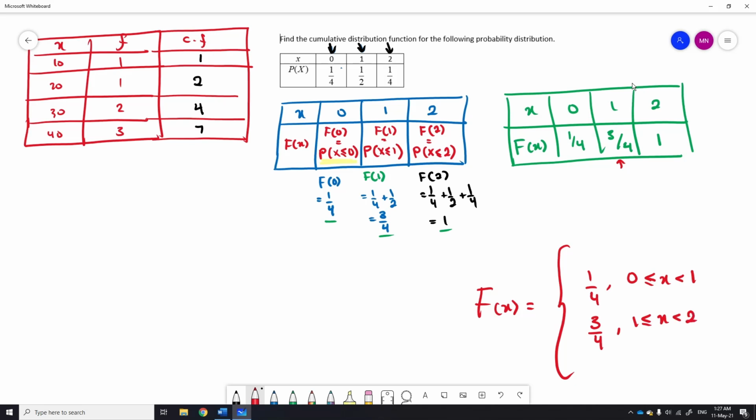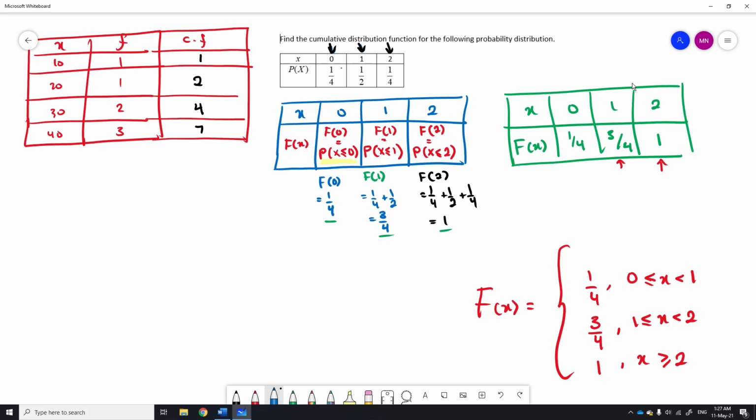So it covers the region from 1 until 2. Then 1 covers from x that is bigger than or equal to 2. Now we have the region starting from 0 until 1, 1 until 2 and x bigger than or equal to 2.